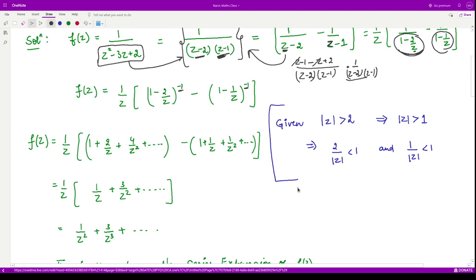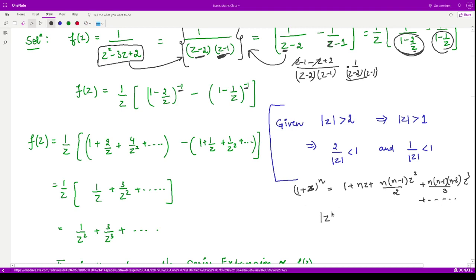Now we know 1 plus z raised to power n can be expanded into the series 1 plus nz plus n into n minus 1 into z square divided by 2, and then n into n minus 1 into n minus 2 divided by 3 factorial into z cube, and so on, right?